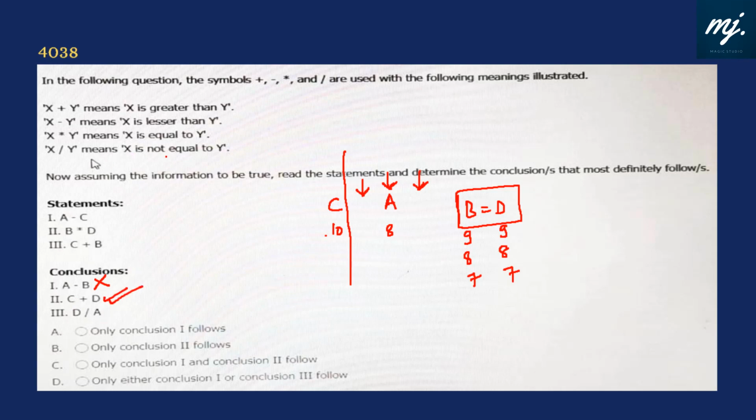D by A, D is not equal to A. If B is equal to D, it might happen that B is 8, then in that case, B will be equal to A. So not necessarily D is not equal to A. So here, most definitely, only conclusion 2 follows. I'll mark option B, only conclusion 2 follows.